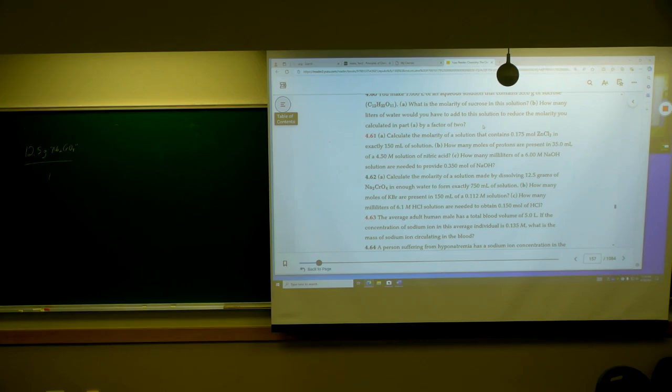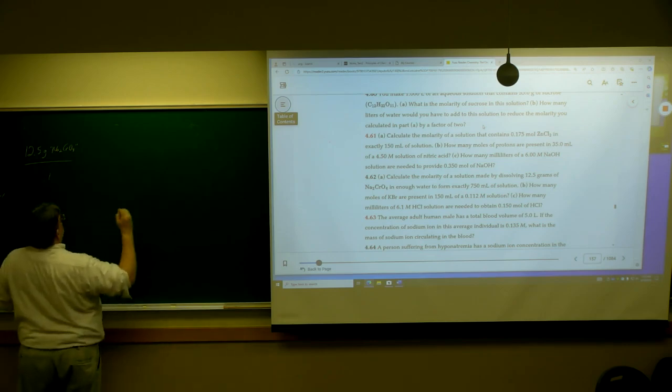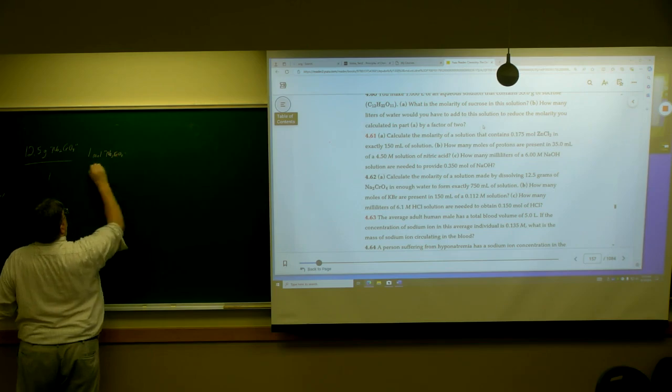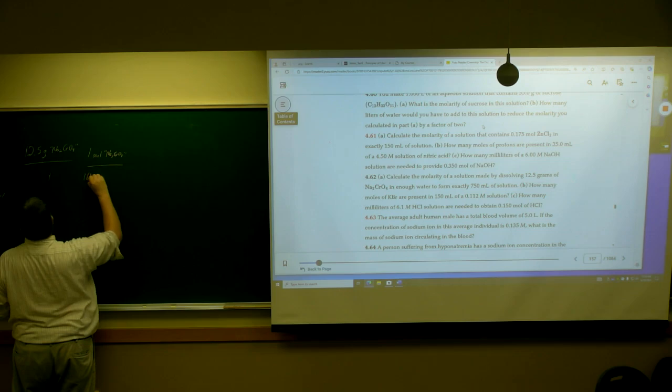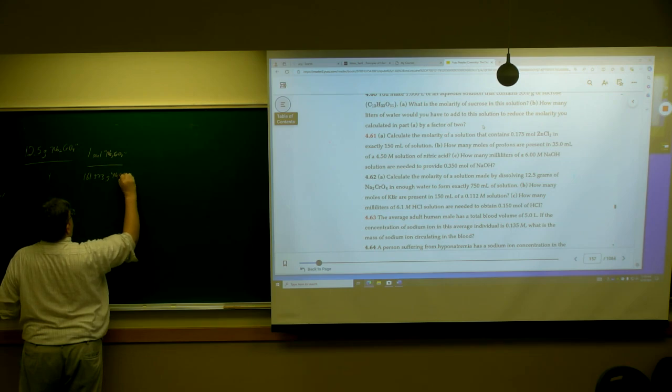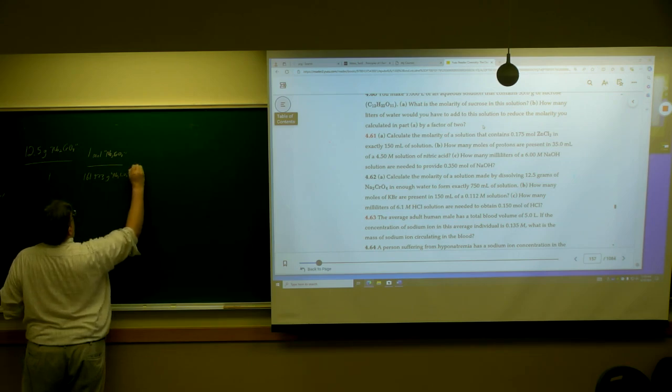But I'm going to cheat, use my little app here. Na2CrO4. So there's my grams per mole. So this is how you're going to get moles for the moles per liter. All right.